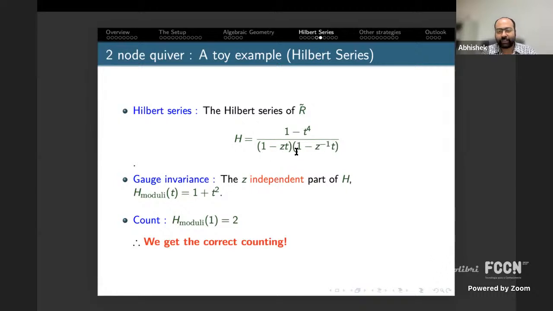This denominator is reminiscent of how you calculate bosonic oscillators. The same kind of computation is what gives you the denominator.